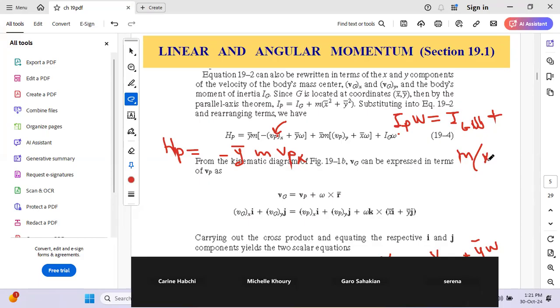And now what they did is that they considered, since also here we have m y bar in this expression, they said, why not take this term as a factor with it? And if you consider that from this expression you have m x bar squared plus m y bar squared, okay?